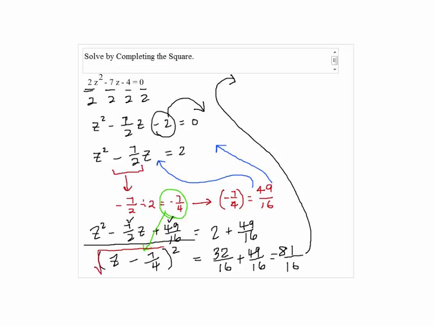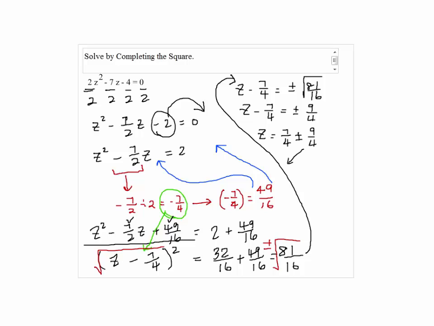So then, by taking the square root on both sides, we have z minus 7/4 equals plus or minus radical 81 over 16, which is z minus 7/4 equals plus or minus 9/4. So we have z equals 7/4 plus or minus 9/4.